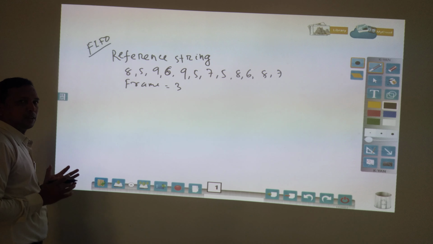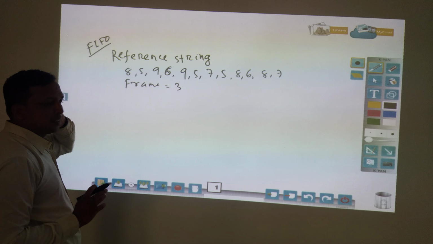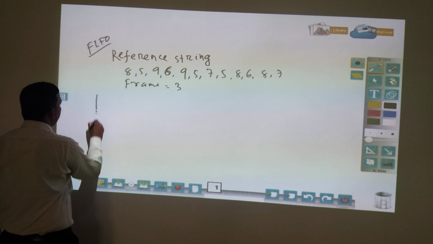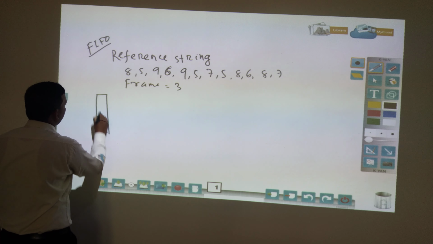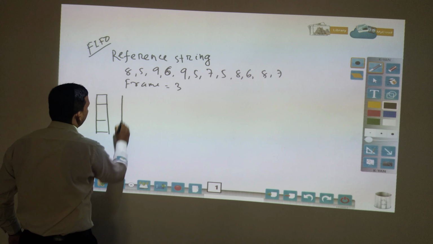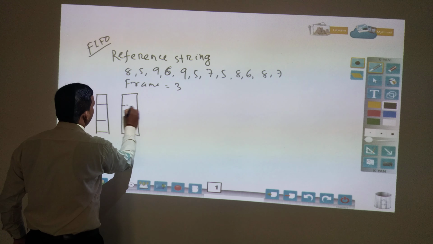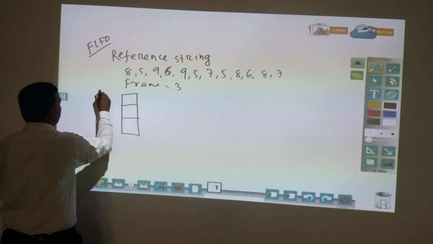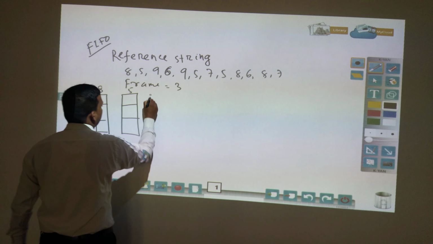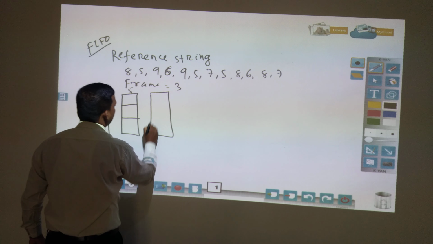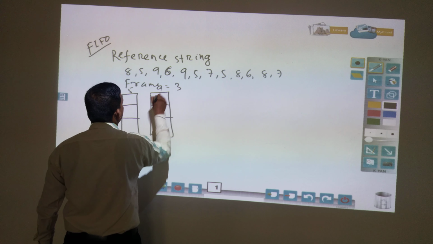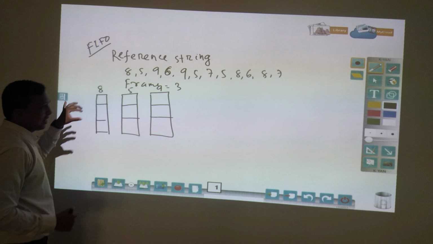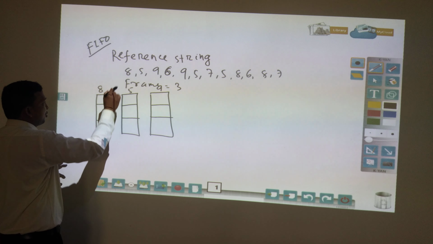In this algorithm, the frame is assigned as 3. So first one is 8, then 5. Then 9.